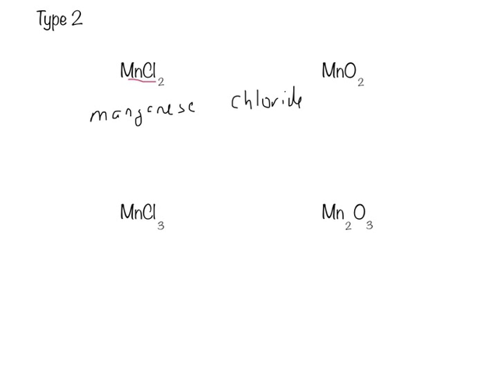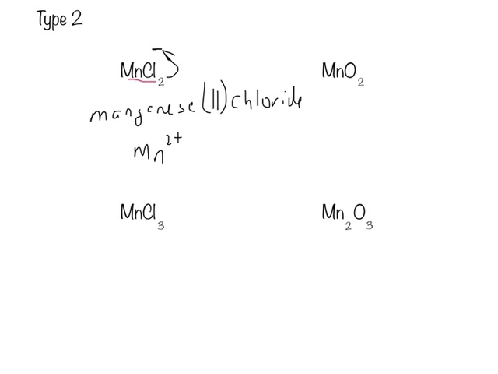Now, the chlorine takes on a -1. There are two -1s, so the cation must be the manganese 2+ ion. So we write in Roman numerals in parentheses 2. So this is manganese(II) chloride.